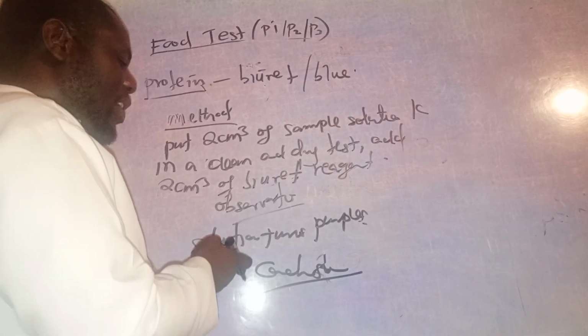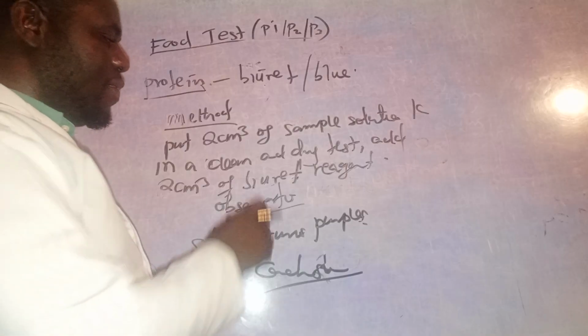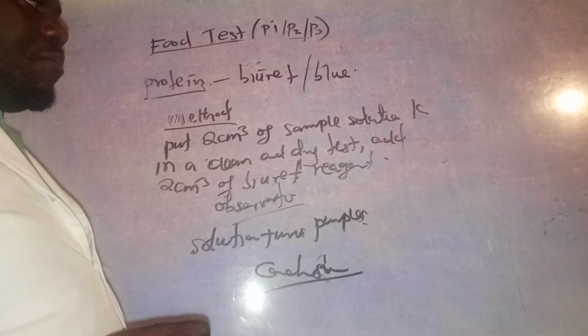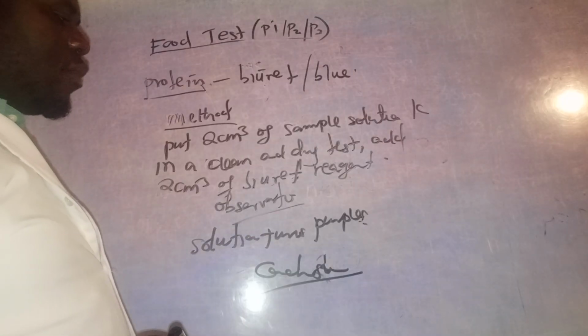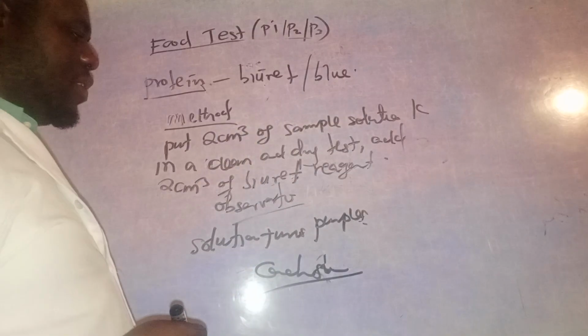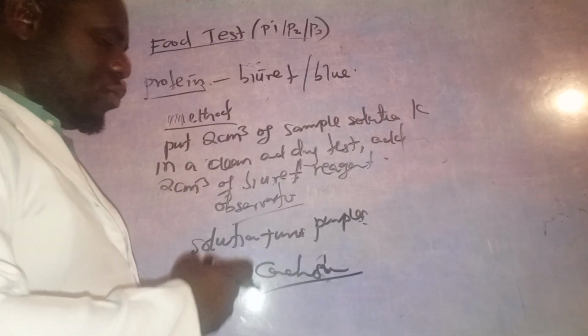And if the solution remains blue, which means the protein is absent. So don't forget these colors, they are very important, because even in the paper they can ask you, for example, what will happen if the protein is present after testing. The solution turns what? Purple. And if it's absent, the solution will remain what?